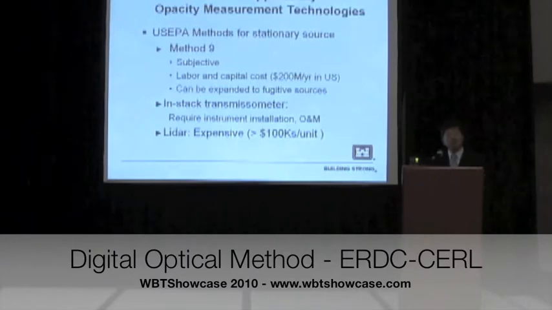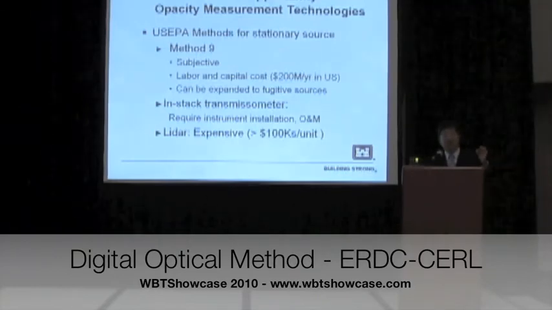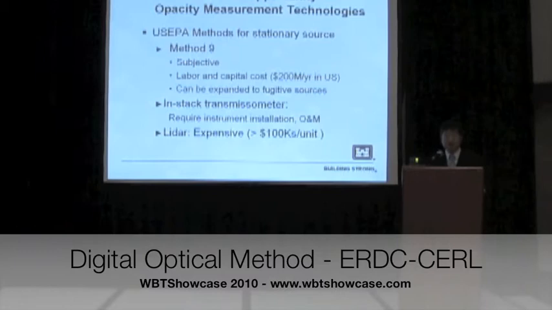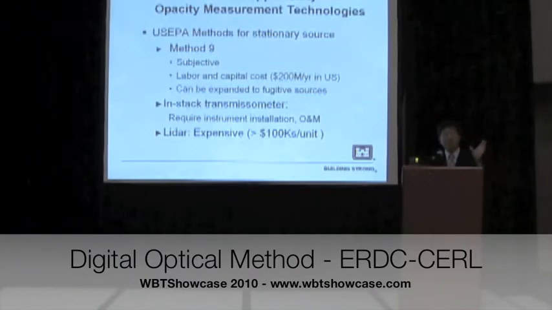The second method to measure opacity is the so-called transmissometer. We can install a transmissometer in the stack and measure the opacity. But the problem is the installation cost is expensive. It costs about $5,000, but you have to maintain them.